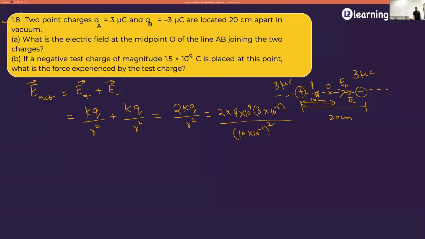So how much is it going to be? 18 into 3 is 54 into 10 power 3, divided by 10 power minus 1 the whole square, which will be 10 power minus 2. So answer will be 54 into 10 power 5. It's a very high value. 54 into 10 power 5 Newton per Coulomb. This is the answer.